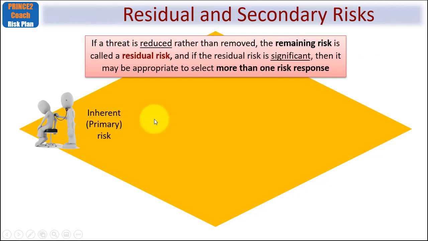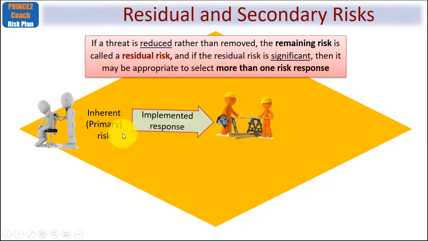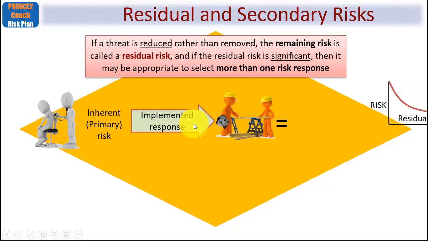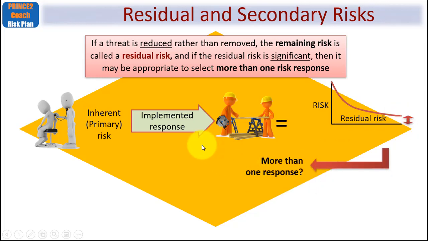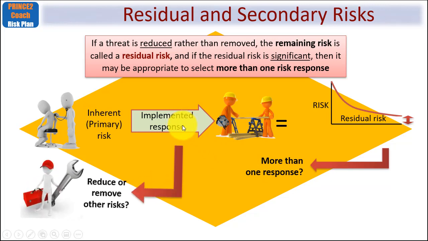So let's start with the inherent primary risk, the risk that you've identified. You then implement a response, whatever that is, and for a reduced threat, that will mean there is some amount of residual risk. I've shown it as such here. And as I've suggested, you might be using more than one response. Going back to our implemented response, the primary implementation, this could in and of itself reduce or remove other risks.